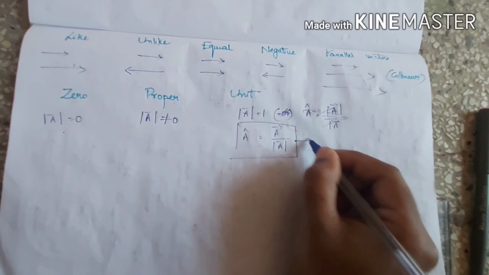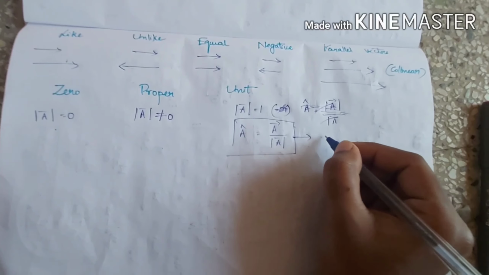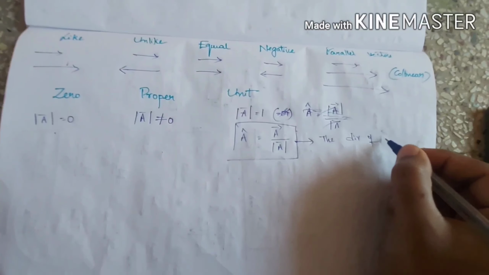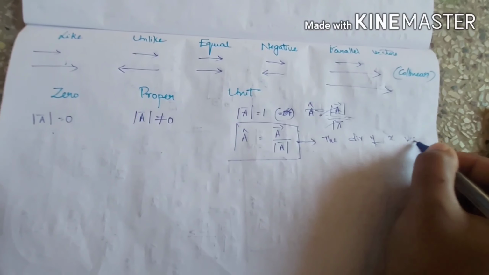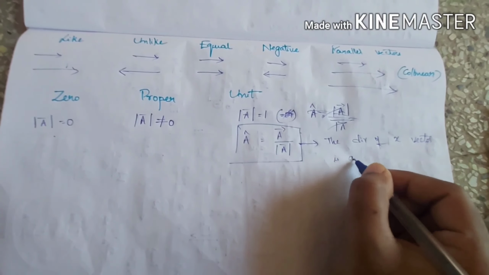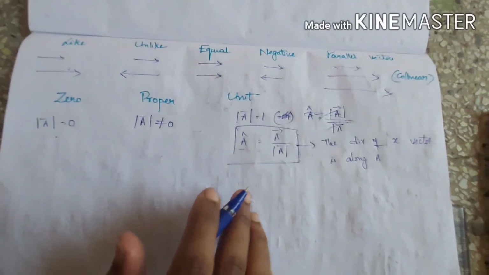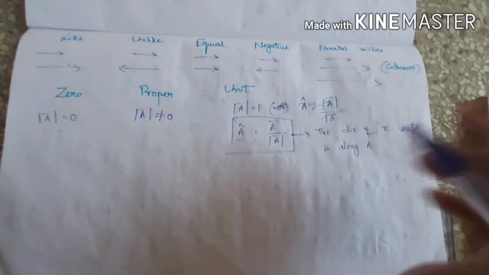This alone means the direction of some x vector is along A. So here A is a vector itself which is used to represent the direction for some other vector.